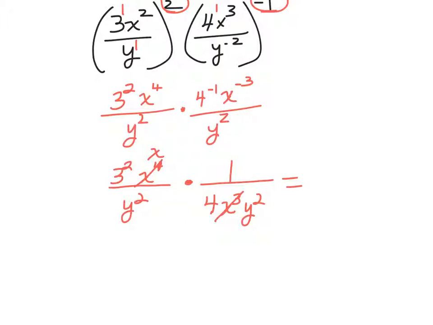This 3 squared is going to make a 9. Times x is 9x. Times 1 is still 9x. So in the numerator I got 9x. In the denominator I've got a 4. And how many y's do I have? 4. So how about 9x over 4y to the 4th?